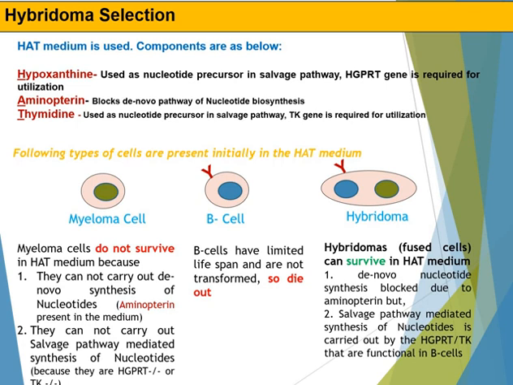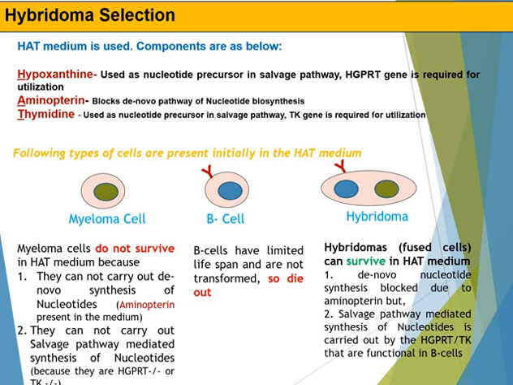One is called the de novo pathway, where your cells start from scratch and make the required nucleotide. And then there is a salvage pathway, where you provide them with certain precursor molecules, and by using these precursor molecules, they convert them to nucleotides by using certain genes like HGPRT or TK.